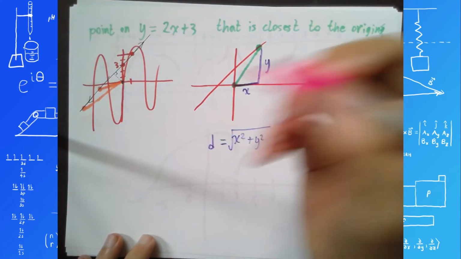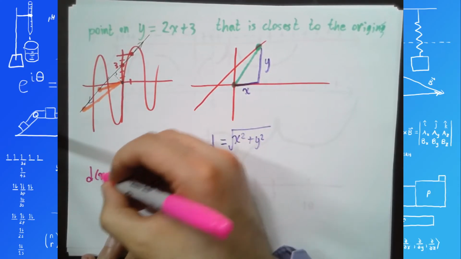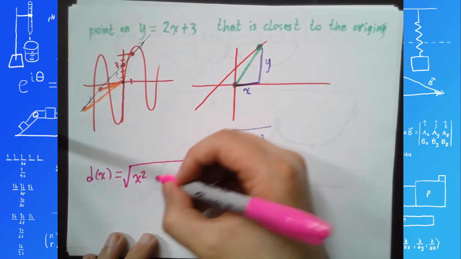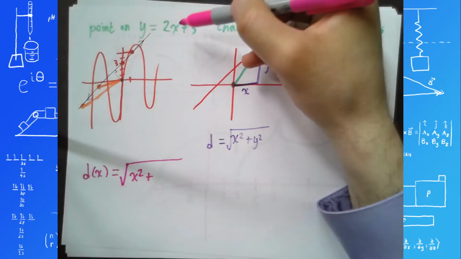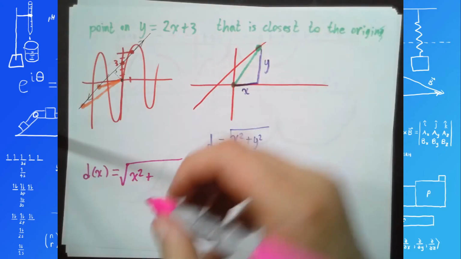I think I want to write it in terms of x, so I want to turn this d into d of x. So d of x equals the square root of x squared plus, if I want to rewrite y in terms of x, well, we already know that. y equals 2x plus 3.